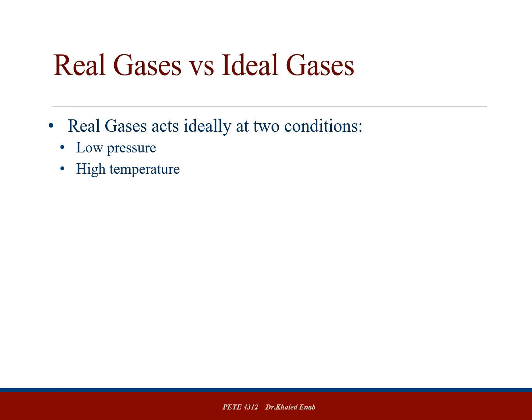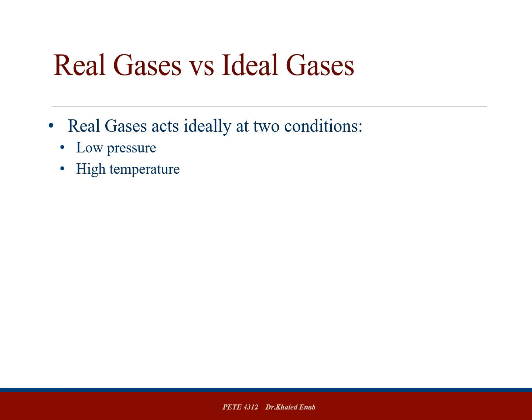Great. Now we had a quick revision of the ideal gas, PV equals nRT, and how we can calculate the volume under the standard condition or under the current condition of the gas, the number of moles, the mass of the gas, and how we use the molecular weight, which is the mass of one mole.